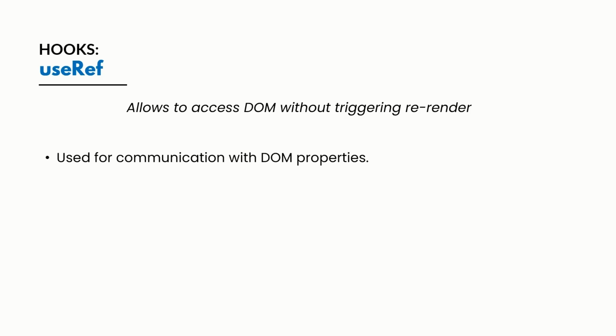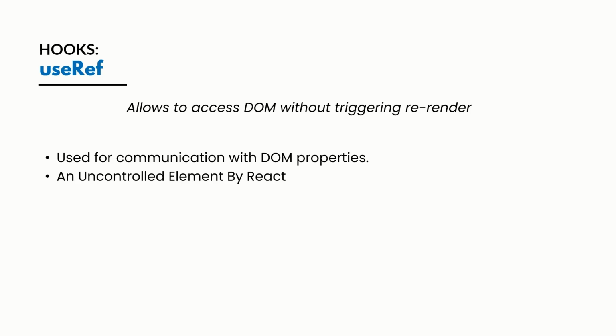It is used for communication with the DOM properties of an element. So it is an uncontrolled element. What is an uncontrolled element? Controlled elements are those elements whose state and values are controlled by React.